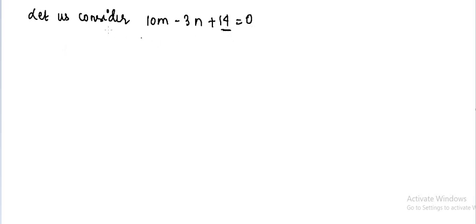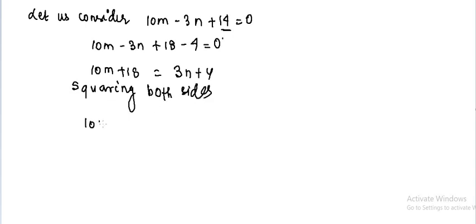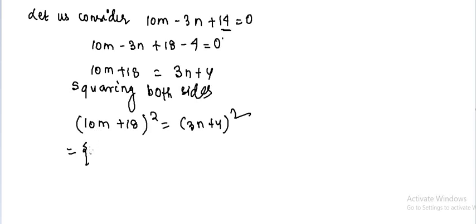You can write 14 as 18 minus 4, so 10m minus 3n plus 18 minus 4 is equal to 0. Arrange the terms 10m plus 18 together and shift the rest toward the right side. This will give you this equation. Squaring both sides, you are going to get (10m plus 18) whole square is equal to (3n plus 4) whole square. Simplify it.